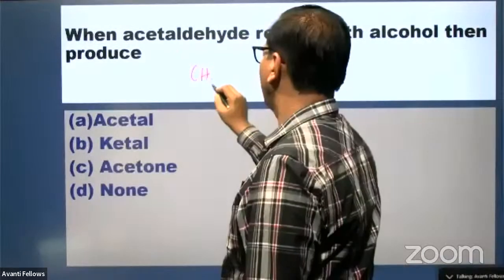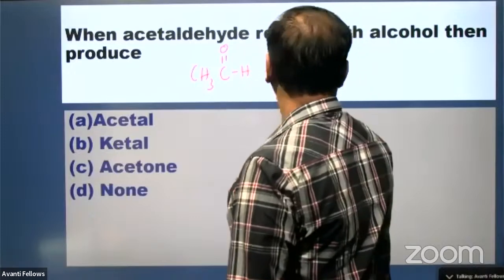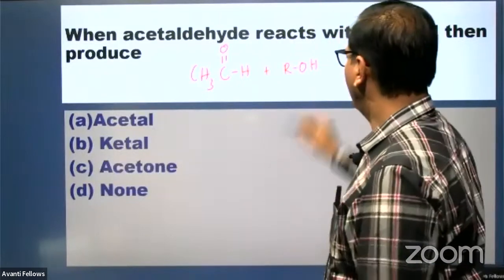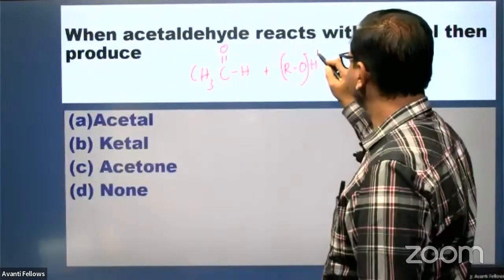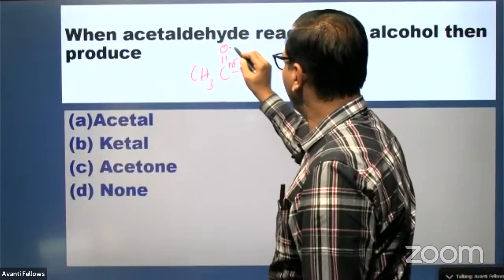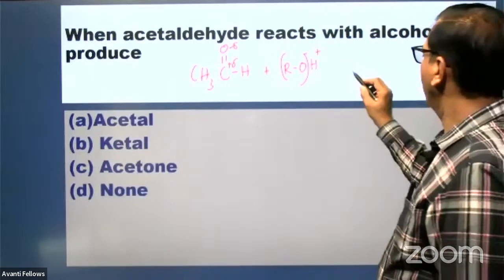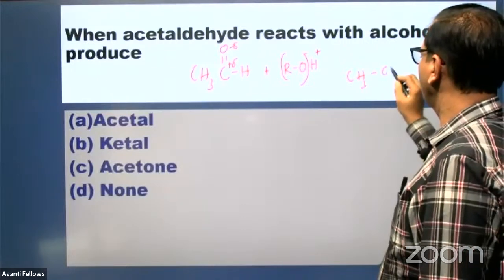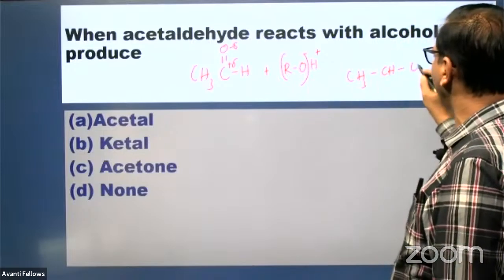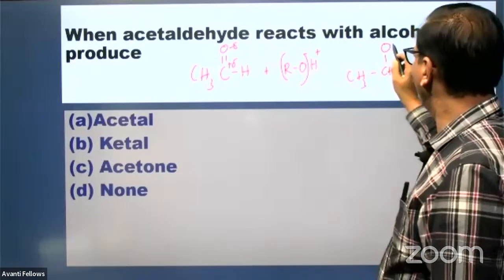Acetaldehyde, CH3CHO, reacts with alcohol. Remember, it reacts in this way: RO minus and H plus, delta plus and delta minus. The positive part goes with OR, and the negative part goes with H plus.